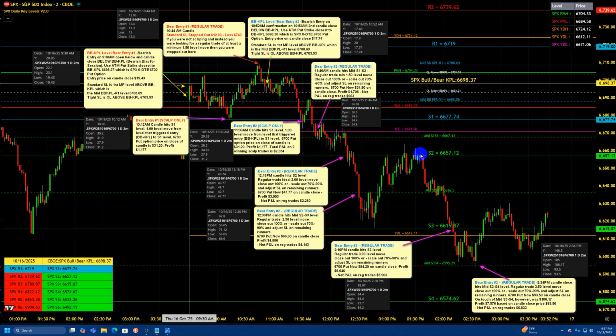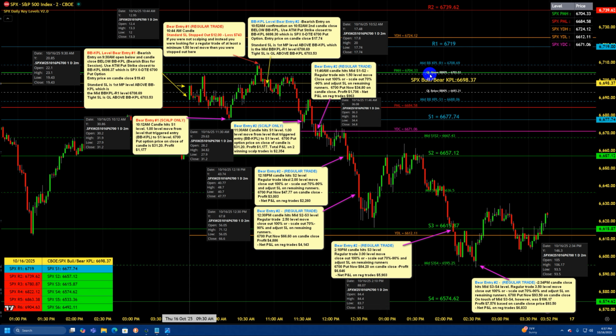If you were taking a bearish trade off of the S2 level, then your standard stop loss on that bearish trade from the S2 level would be the midpoint level above. Conversely, if you were taking a bullish trade off of the S2 level, then your standard stop loss on that would be the first midpoint level below.